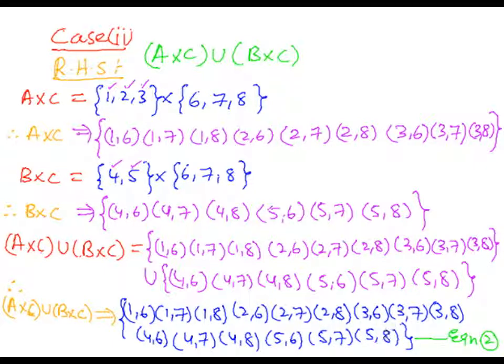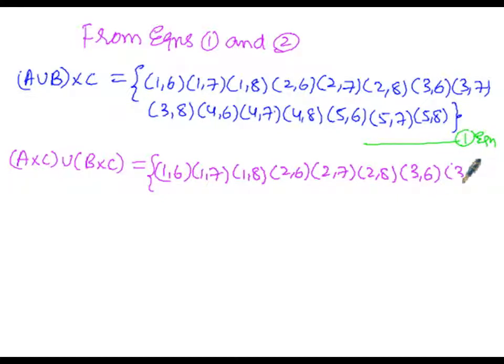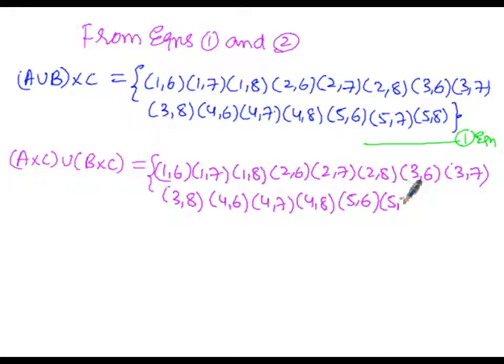That is 1 6, 1 7, 1 8, 2 6, 2 7, 2 8, 3 6, 3 7, 3 8. Similarly 4 6, 4 7, 4 8 and 5 6, 5 7, 5 8. These are the elements of equation number 2.